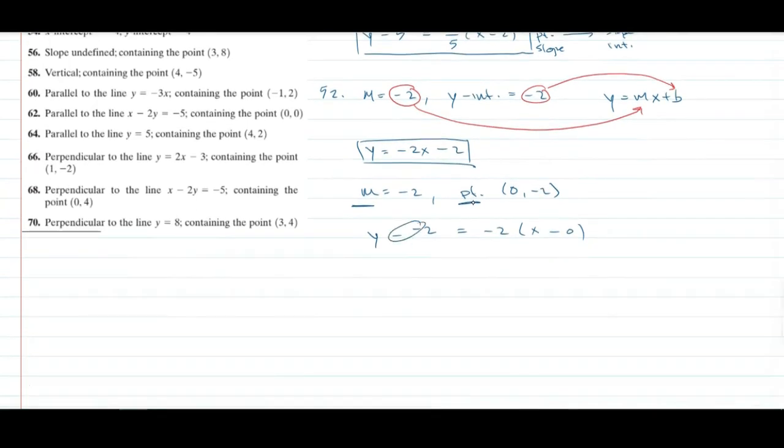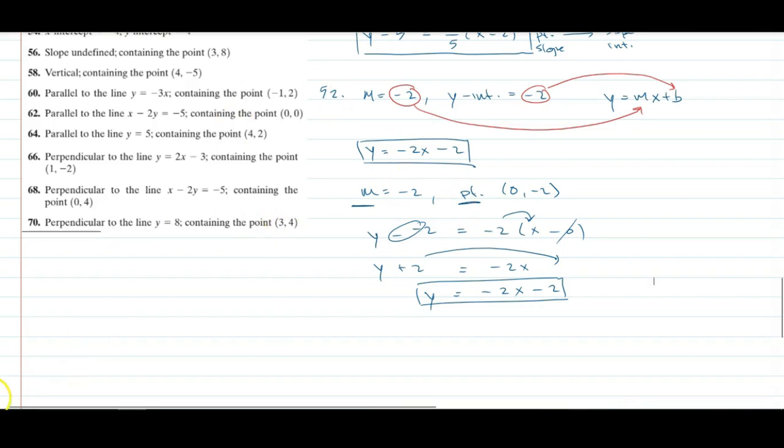And then these two will make a y plus 2 is equal to, multiplying in is going to basically give you -2x, and that 0 doesn't really matter. So you end up with the same exact answer, y is equal to -2x, bring this guy over, minus 2. There's that. Okay, so even if you decide to stick to point slope form, you'll be perfectly fine as you go through any of these questions that you're looking at here.